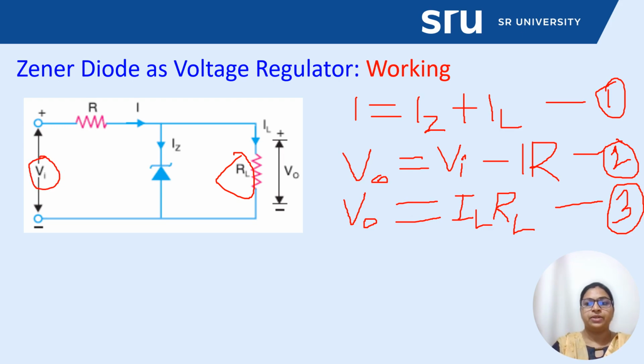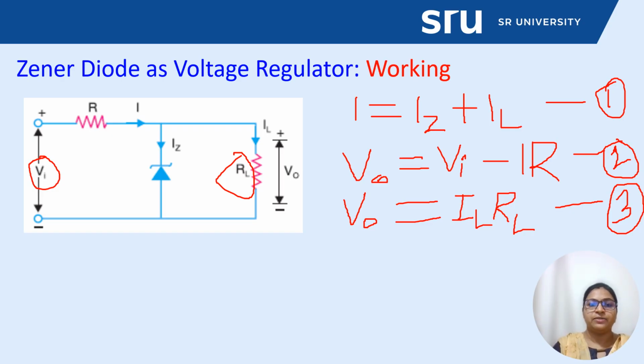So if we vary the load current, then what will happen? The load resistance RL varies and input voltage VI remains constant.